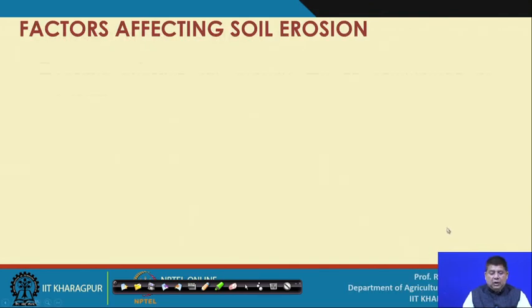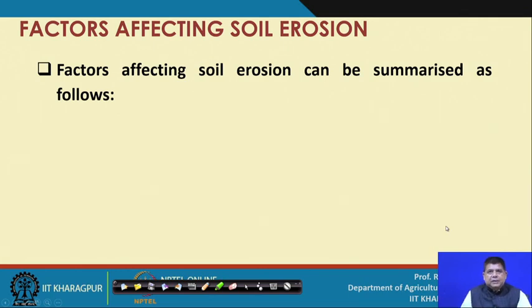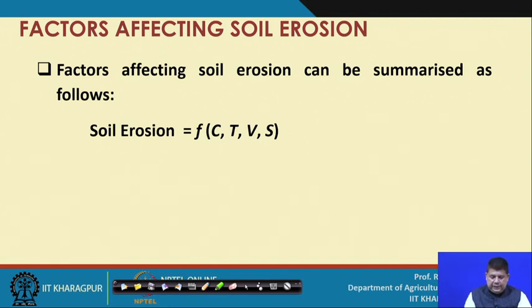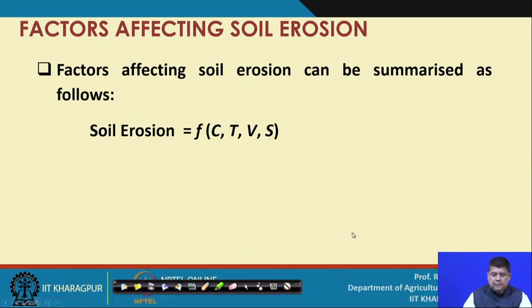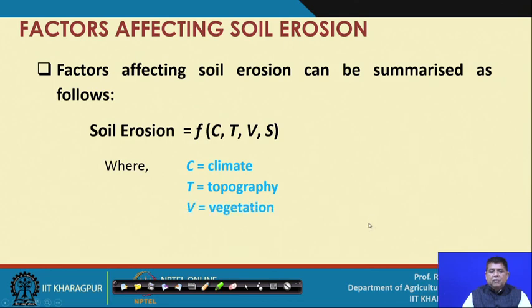Factors affecting soil erosion. The factors affecting soil erosion can be summarized in a very simple fashion as follows. Soil erosion is a function of C, T, V, S, where C stands for climate, T for topography, V for vegetation, and S for soil.